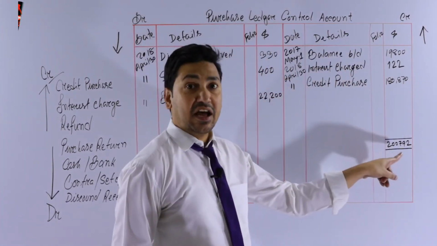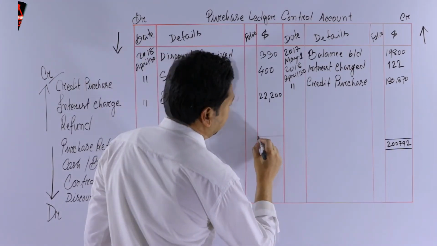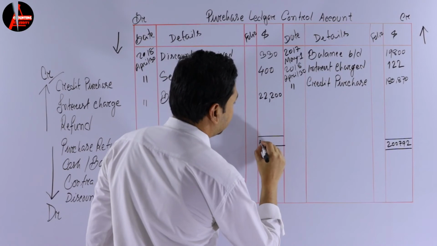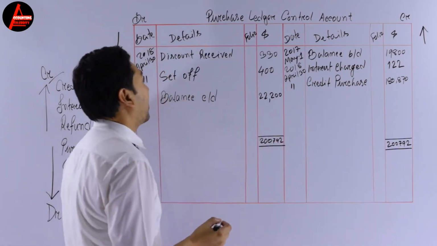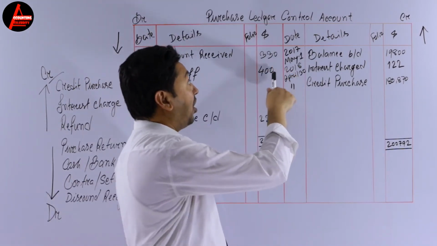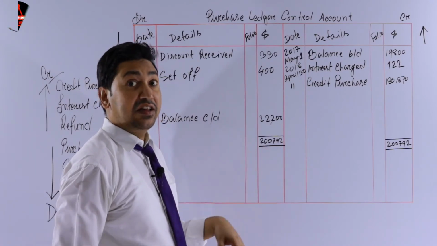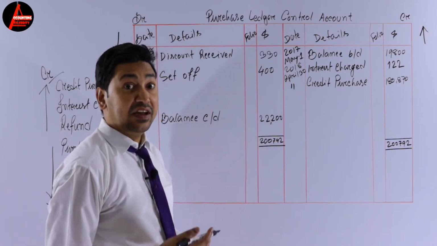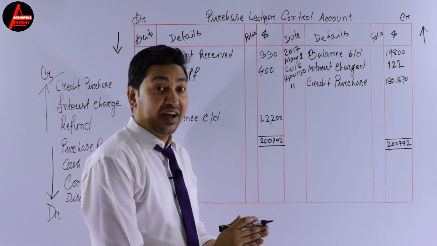So we will take this amount in the debit side here in the same level, 200,792. Okay, now what to do? You need to subtract all three amounts from this total. Okay, then you will be able to calculate the amount paid to the credit supplier.